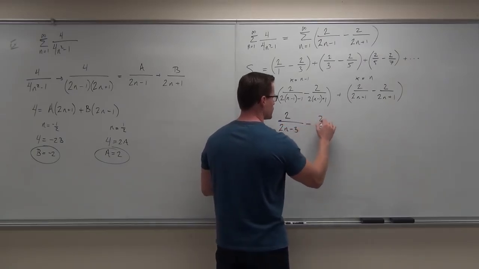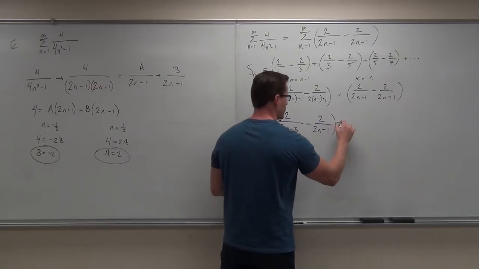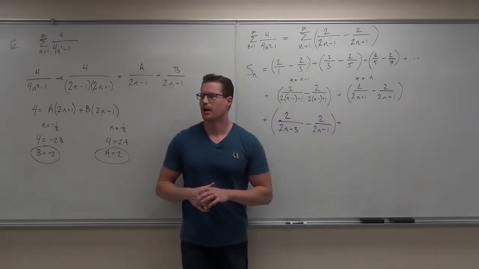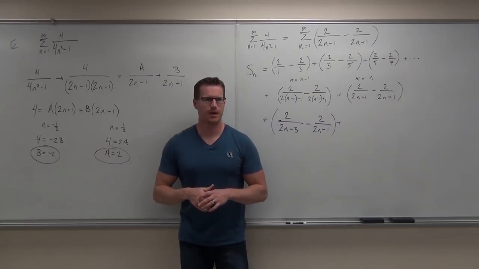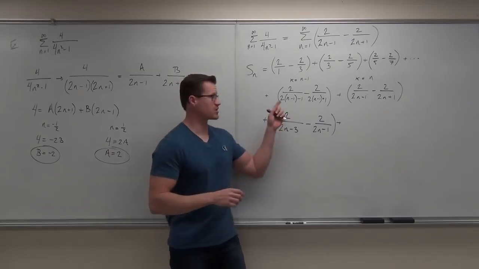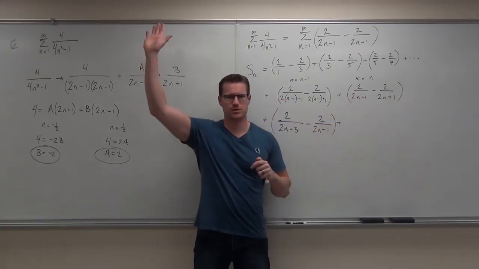Perfect, minus 2 over 2n minus 1. Okay, listen, I know I did the fractions very quickly. What I'm asking is, do you understand this idea of plugging numbers in and getting these two terms? Show of hands if you do understand that.